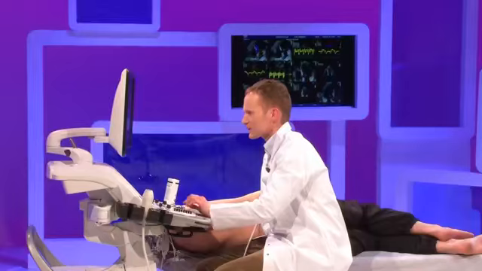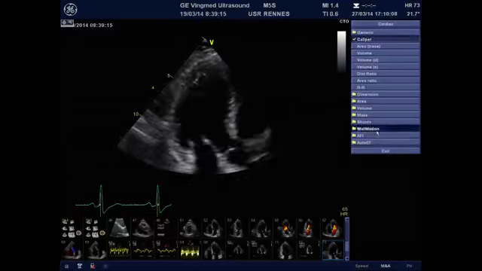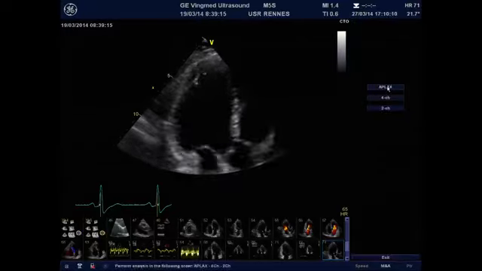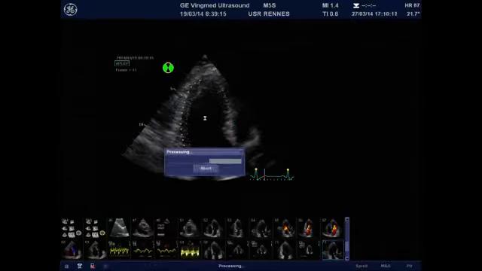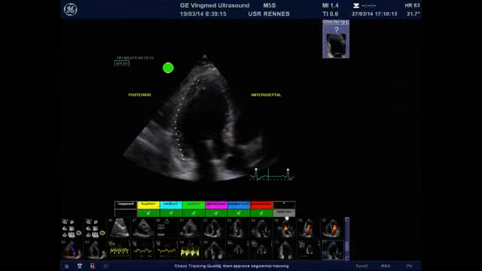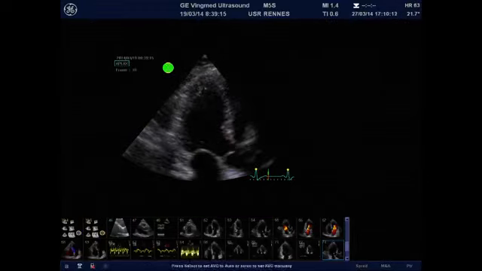So to get the global longitudinal strain, we will start by the apical three-chamber view. And we have an automatic tracing of the endocardium and the epicardium.